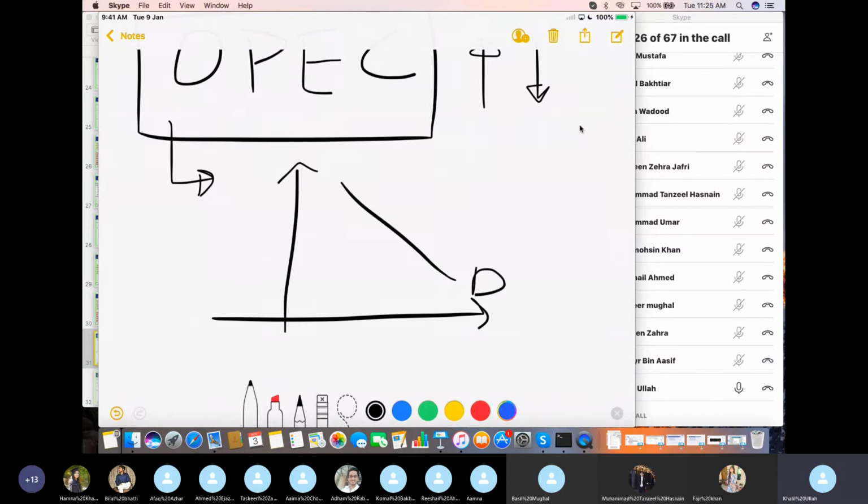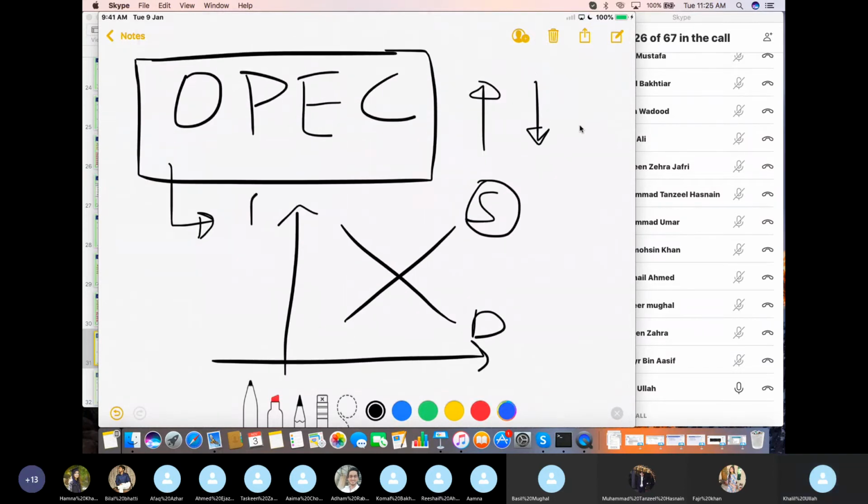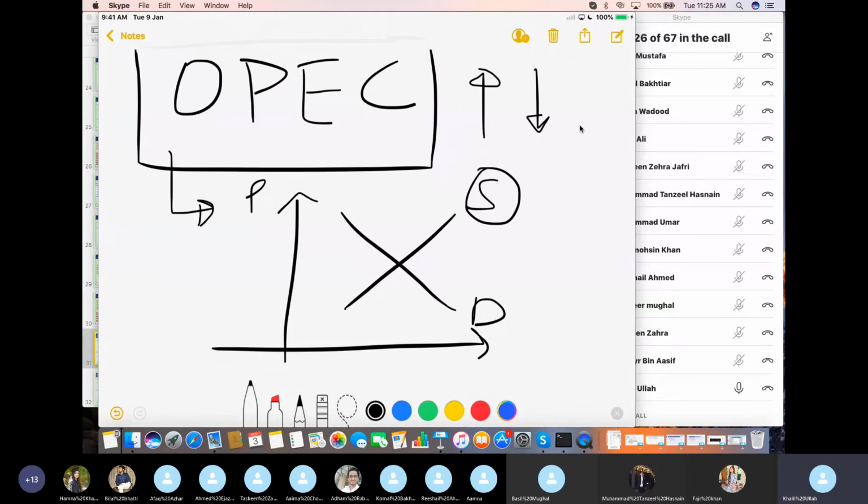There is a demand for oil, and this is the supply of oil, and the price and quantity over here is controlled by these guys sitting in OPEC. OPEC members meet every month, and they decide on how much to supply in the world market.